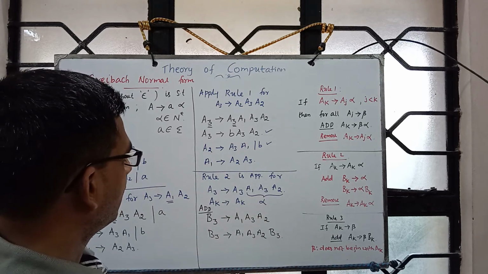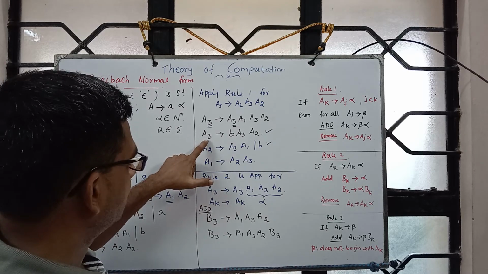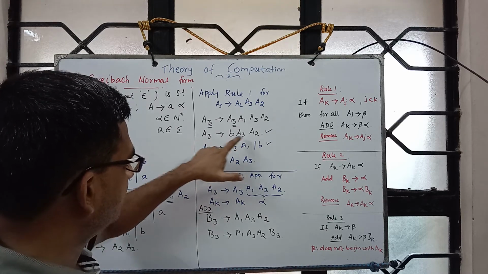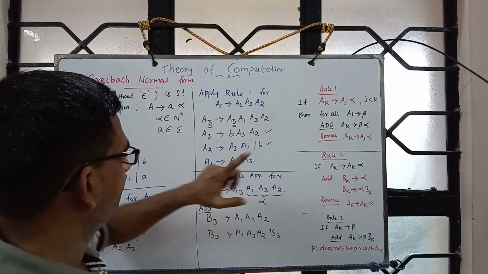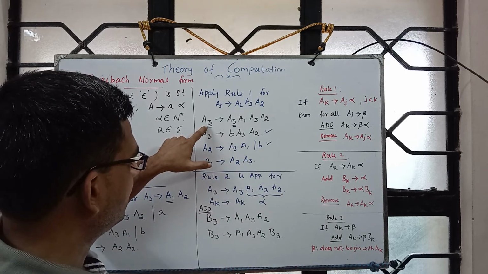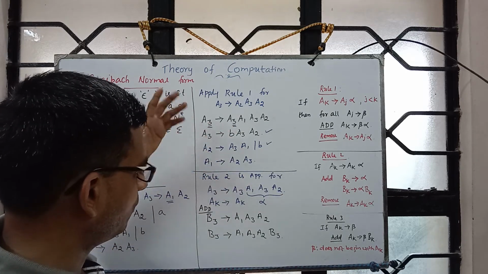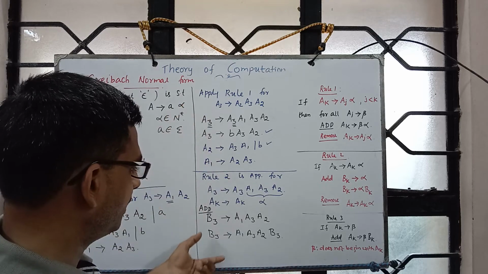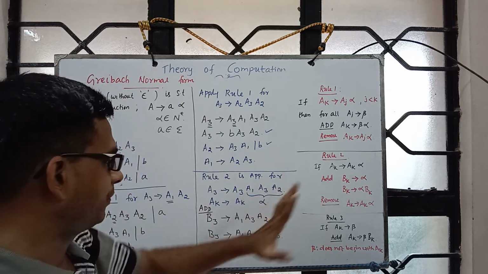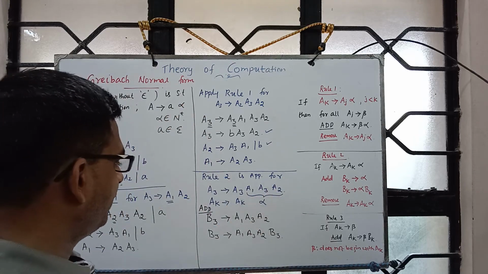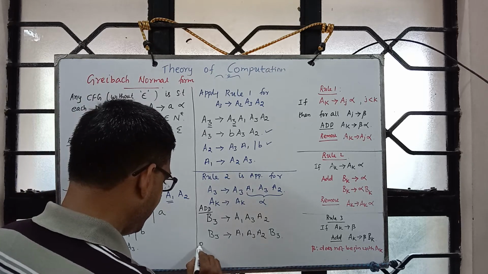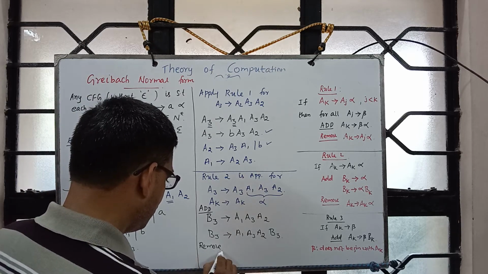Fine. If you look, this one is not of this type. So we find only one production of this type. If there are more, then for all of them, we should follow this rule. Okay, so we do this and we remove what?